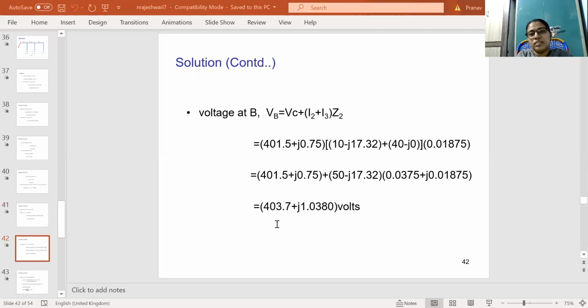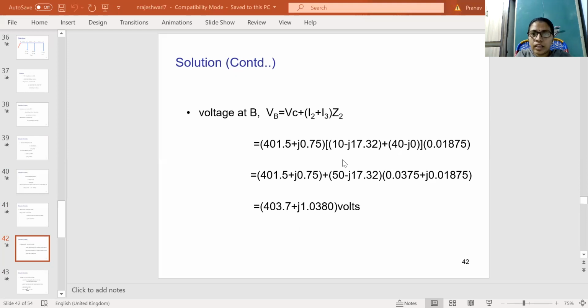Then VB, the voltage at B, is given by VB equal to VC plus I2 plus I3 into Z2. So 401.5 plus j0.75, which we got above, plus 10 minus j17.32 plus 40 minus j0, into 0.0375 plus j0.01875.